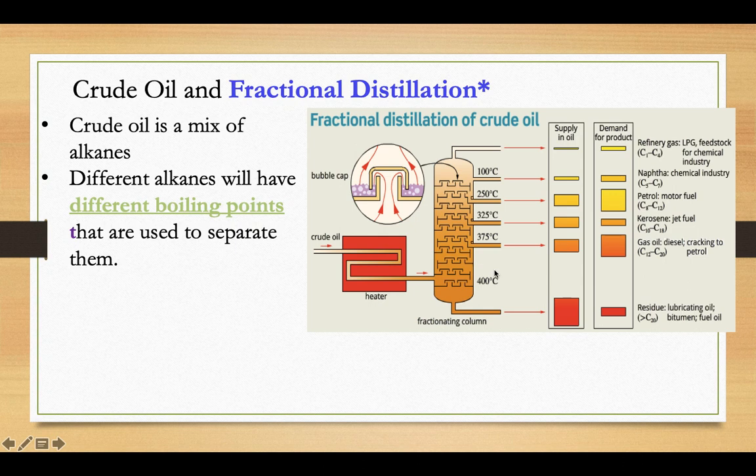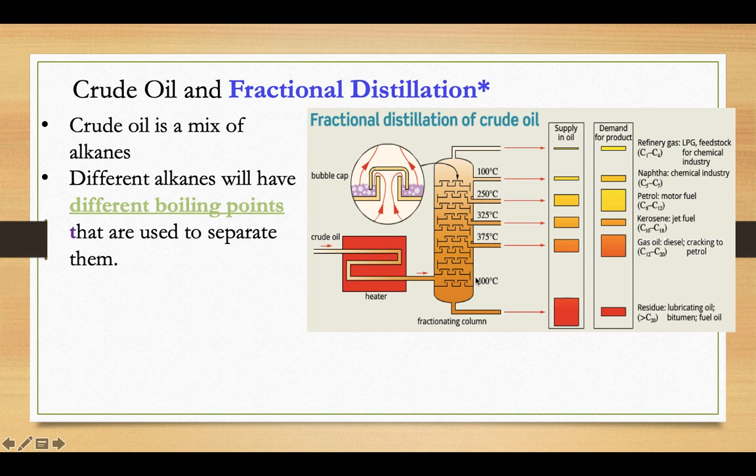So you can see that we put crude oil into this tower, through a process we call fractional distillation. What we do is heat up the bottom of the tower, so the temperature here will be the highest. As you go up, the temperature gradually lowers.